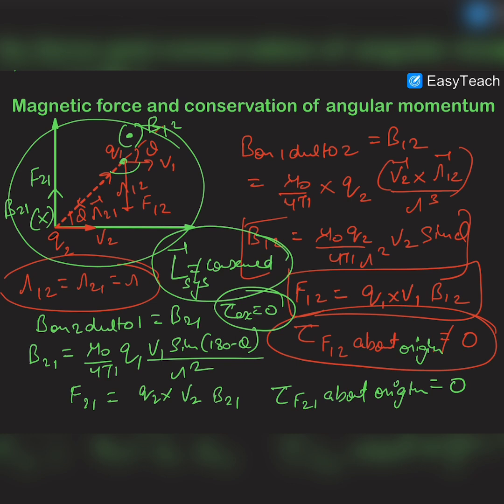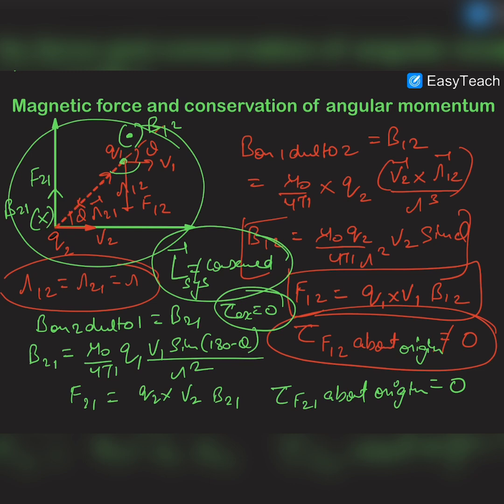So we can definitely say that the electromagnetic force acting on Q1 will be acting on this line, because it will be passing through this point, because its torque will be 0 about origin.